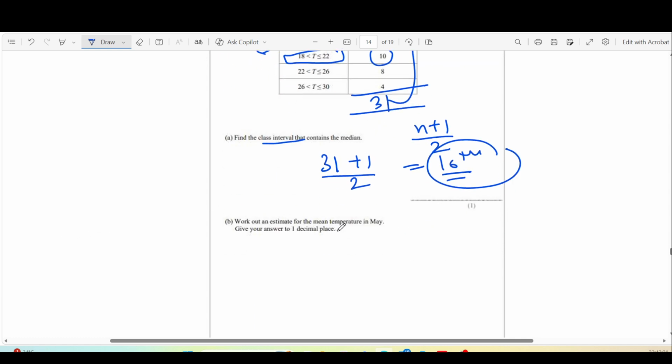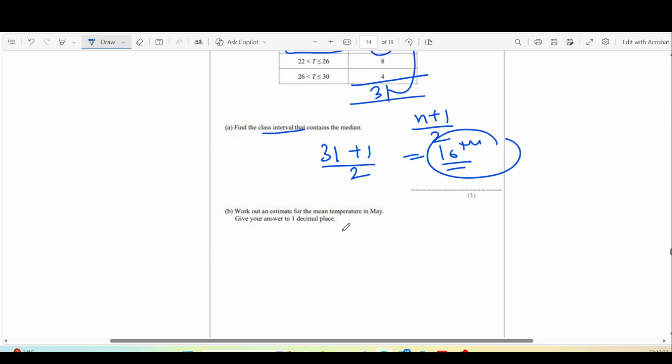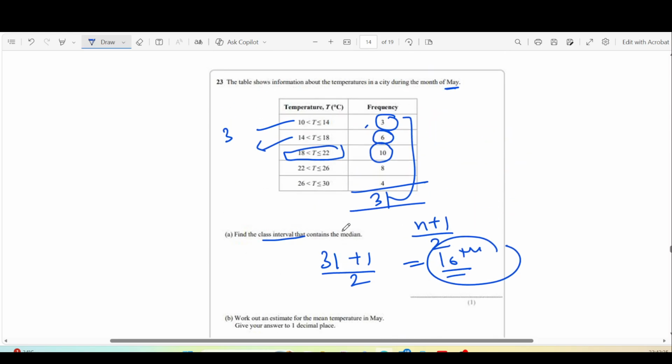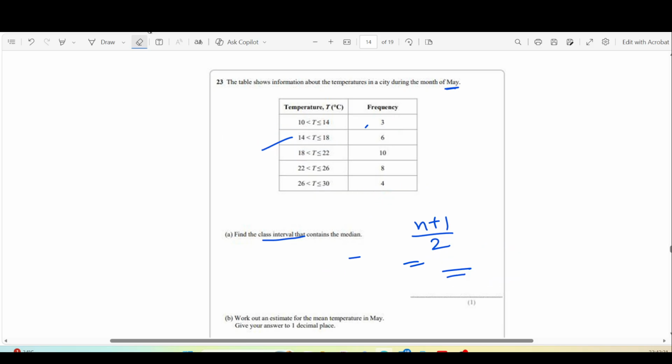Next we have to work out the mean temperature in May. How do we find the mean temperature? Let me just erase this. This is my f, but we have to find x, which is the midpoint.